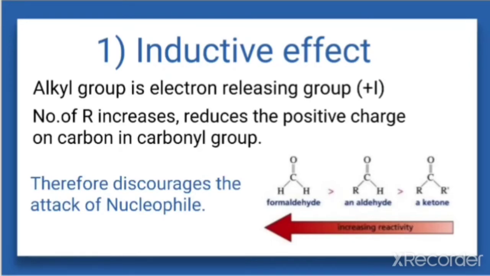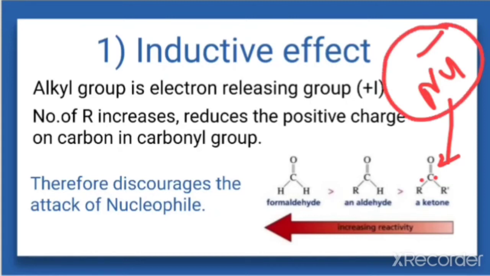As the positive charge on the carbon decreases, the negatively charged nucleophile will not be able to attack very easily. That is, it discourages the attack of the nucleophile, because the nucleophile is negatively charged and the carbon is partially positively charged.